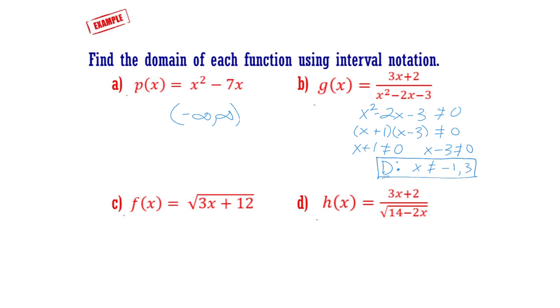We could put that in interval notation. Well, heck, let's do it. It would be negative infinity, because I think on your assignment, that's how they're going to want you to enter it. So negative infinity to negative 1, can't be negative 1, in union with negative 1 to 3, can't be 3, in union with 3 to infinity. So you end up with several pieces of that. Every time you include another restriction, it's going to do that to you.